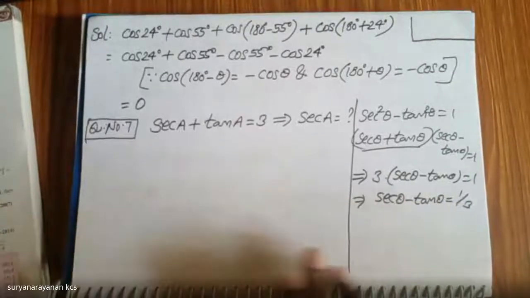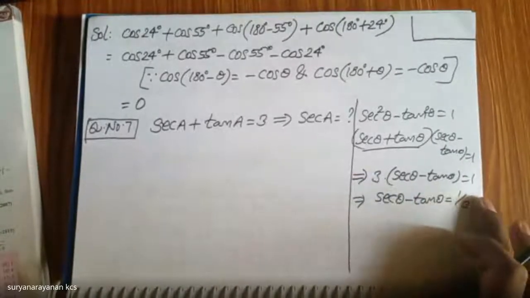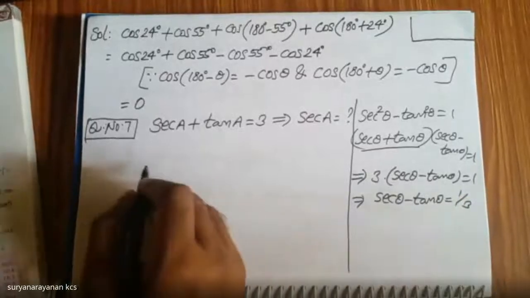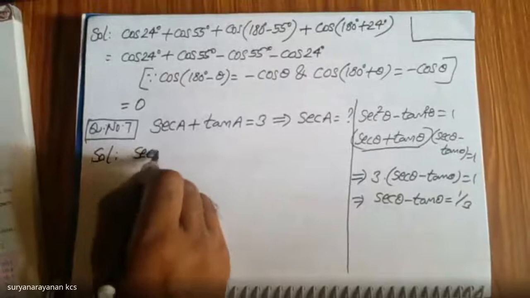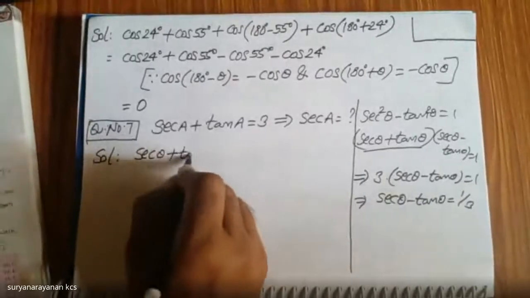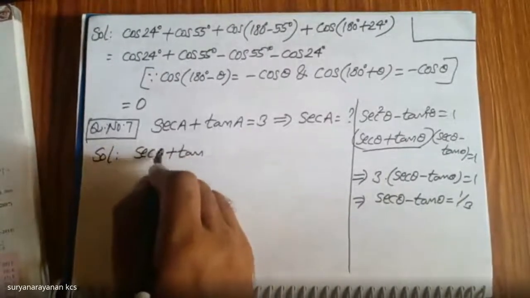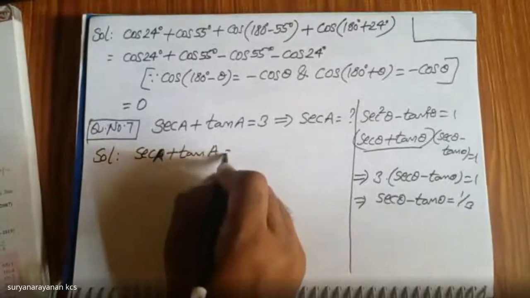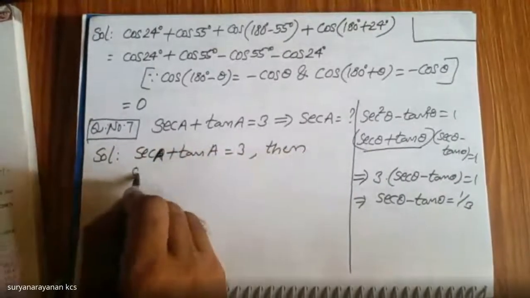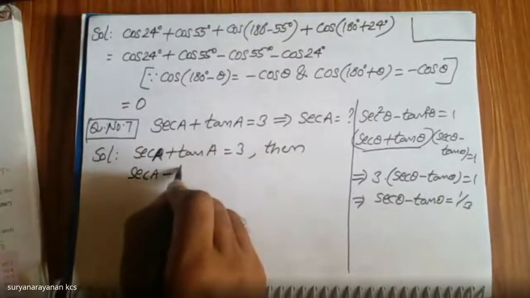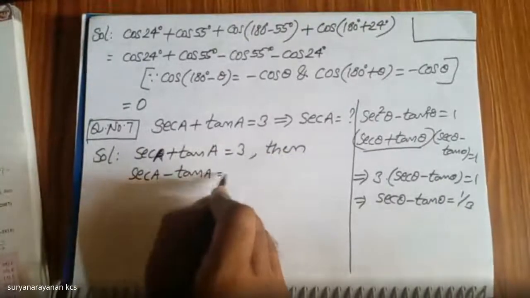Yes or no? We are sending this 3 to the RHS. So secant A plus tan A is equal to 3, then secant A minus tan A is equal to 1/3.